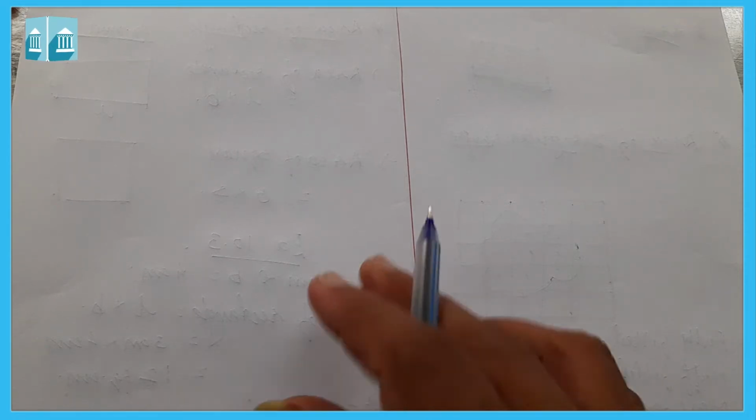Question number 3 you can do by yourself. Find out the area of all, then compare them to find which one is largest and which one is smallest. Let us see question number 4.